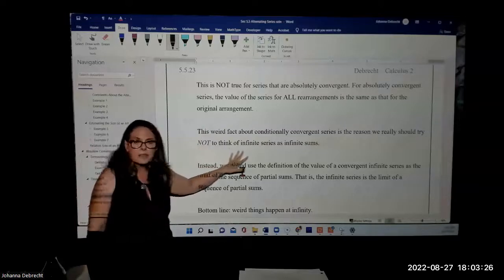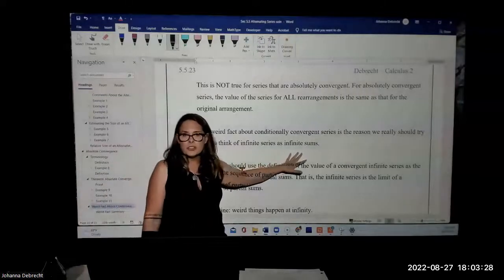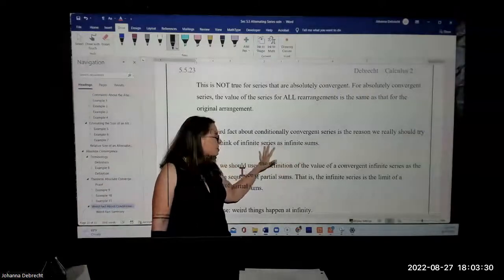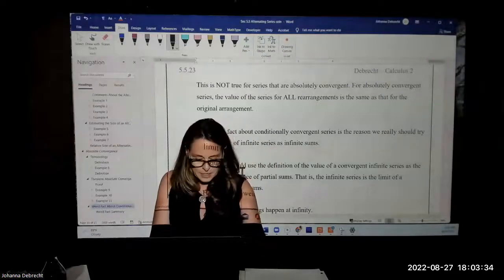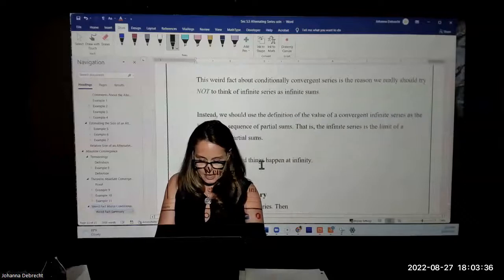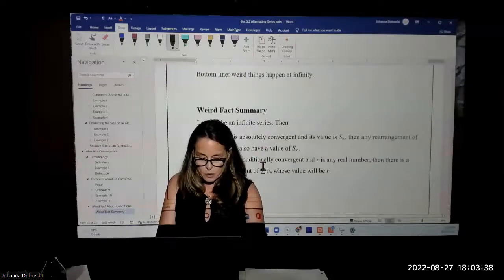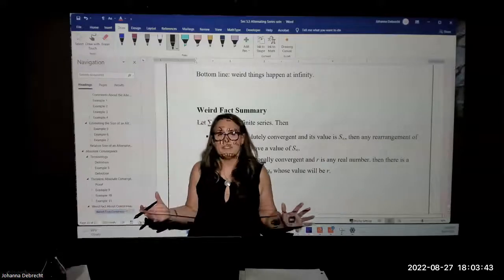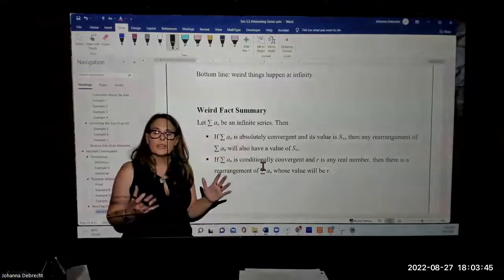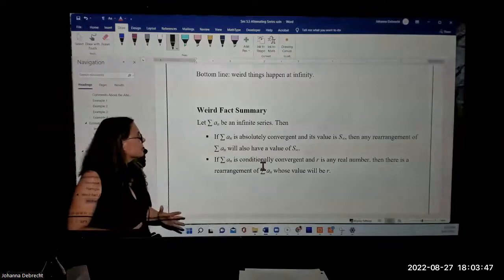So we really shouldn't think of conditionally convergent infinite series as infinite sums. They're not. They're the limit of the sequence of partial sums. And the bottom line, of course, is that weird things happen at infinity, particularly when it's only conditionally convergent.